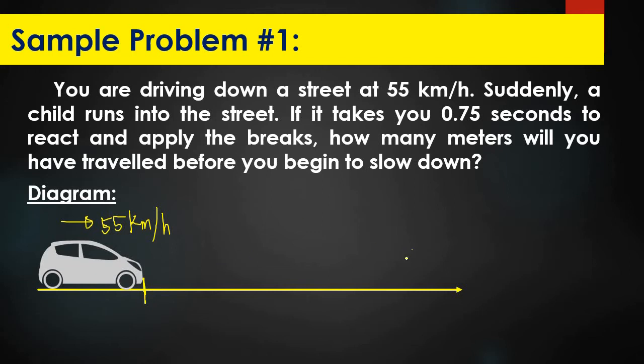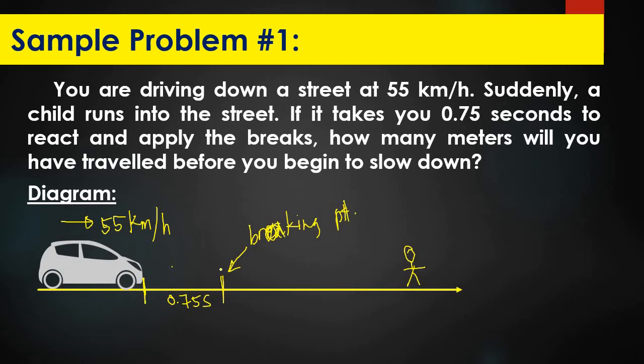And then, suddenly, a child runs into the street. If it takes you 0.75 seconds to react, meaning the application of your brakes is delayed, right? So you travel first within 0.75 seconds before you hit the braking point.